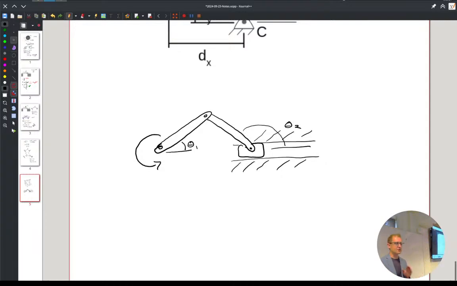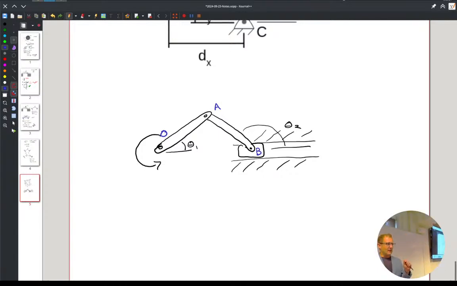So I only have 2 angles that I need to deal with. And then 3 positions that are kind of moving in this part. Or I could call it the origin O, A, and then B.